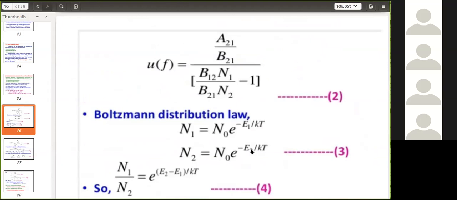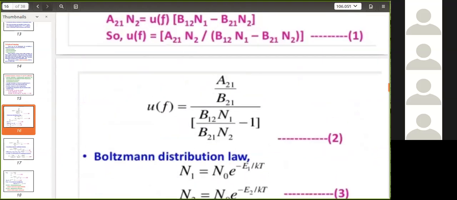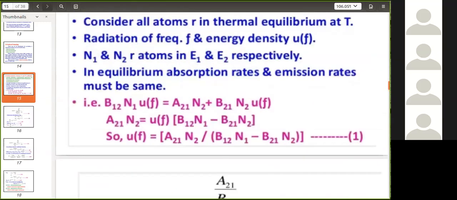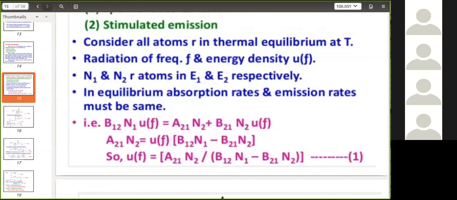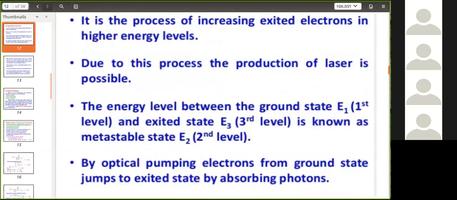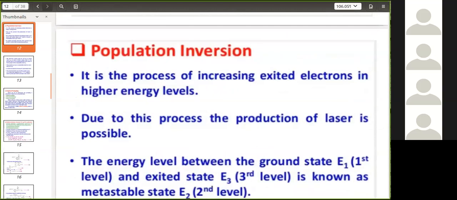Higher energy state में number of particles generally कम रहता है because of this Boltzmann distribution law. तो हमें क्या करना है, हमें हायर एनर्जी स्टेट में नंबर ऑफ पार्टिकल्स को बढ़ाना है. तो ये तो नेचुरल प्रोसेस नहीं है, we have to do it artificially. The phenomenon when the number of atoms present in the excited state is greater than the number of atoms present in the ground state.